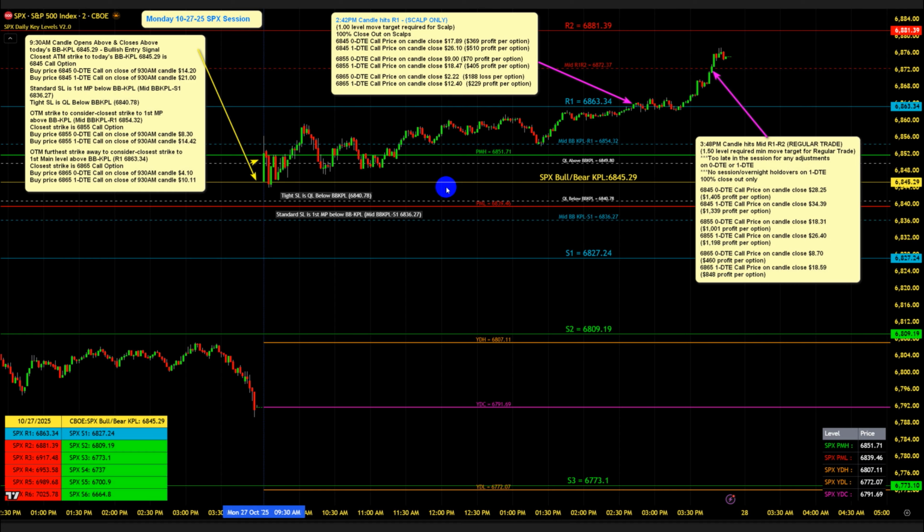So that's something you have to be cognizant of with zero DTE options. At a certain point in the day you're going to have to make up your mind that if things are not moving, meaning you haven't gotten stopped out, but you're not getting anywhere close to your target for whatever type of trade you're doing, scalp or a regular trade, you're going to start losing money, and that is going to start happening faster after lunchtime.